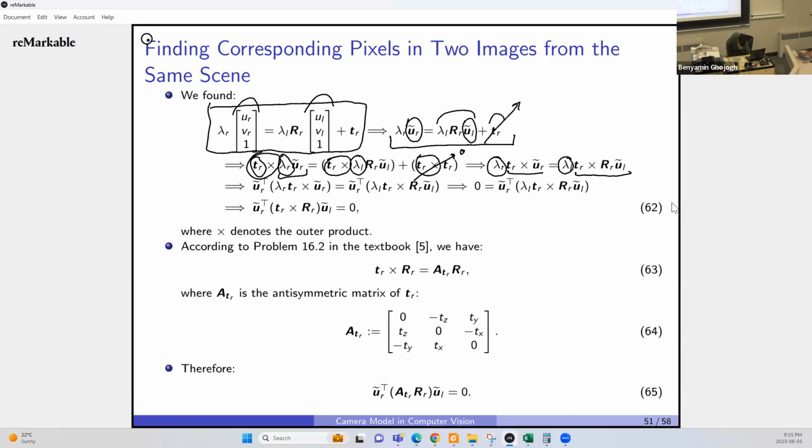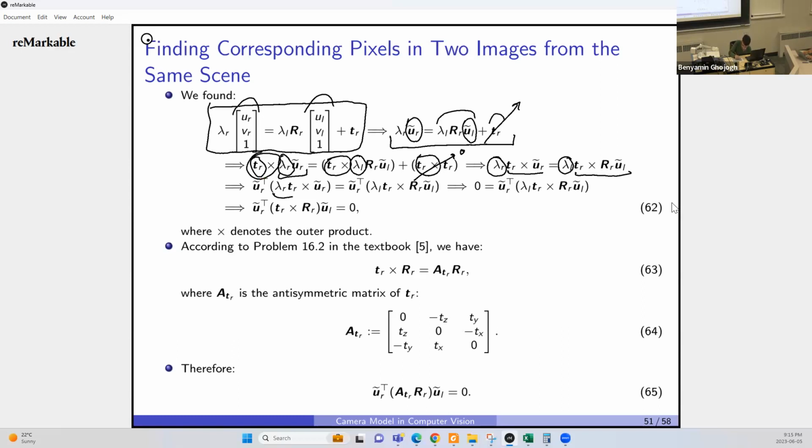Now what do I have? Now I left multiply the sides by UR tilde, but this time by inner product. And inner product, you can write it by transpose. So cross product or outer product, but now I'm using inner product.